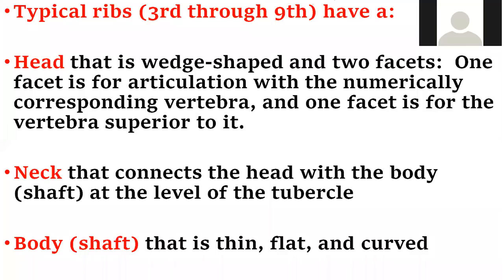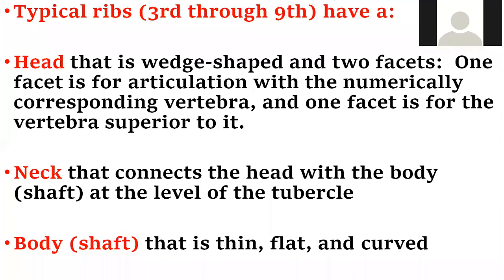Let me just take the third rib as an example. For the head, the first facet articulates with the third thoracic vertebra, while the second facet articulates with the vertebra superior to it. So what I'm trying to say in essence is that, taking that third rib as an example, the first facet articulates with T3, while the other facet articulates with T2.